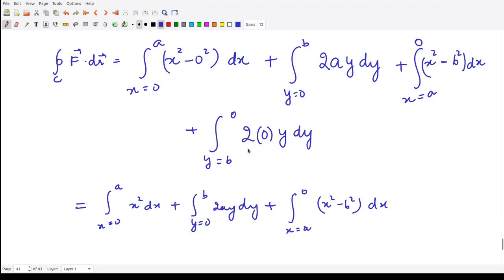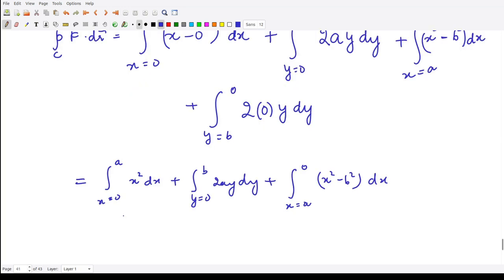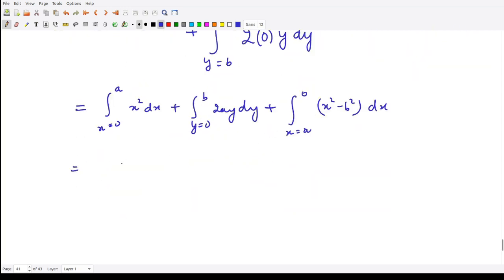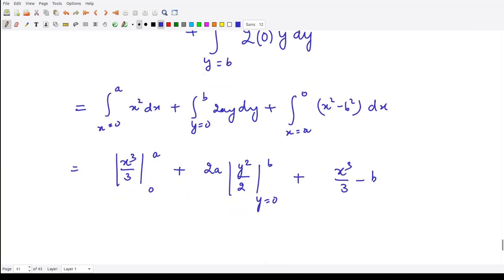The integration of this first term here is equal to x cube divided by 3, and the limits of x vary from 0 to a, plus the integration here of the quantity y, it would be y square by 2, and the limits of y vary from 0 to b, right? And for the third quantity you will perform the integration with respect to x, and here the limits of x vary from a to 0.